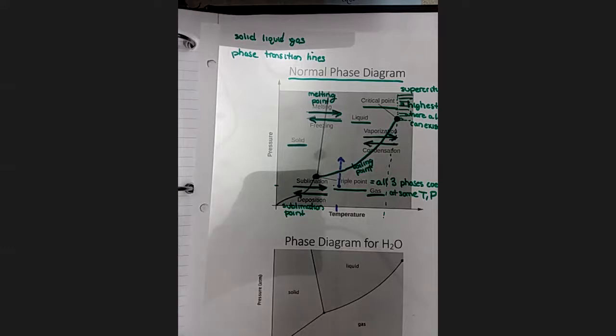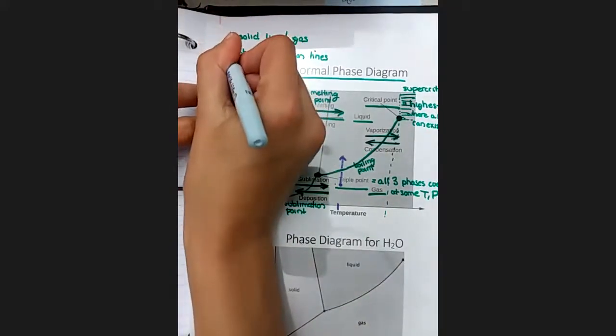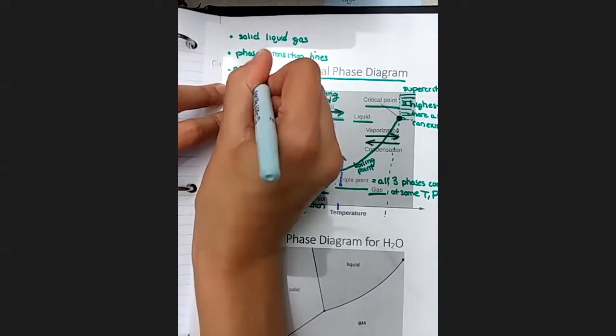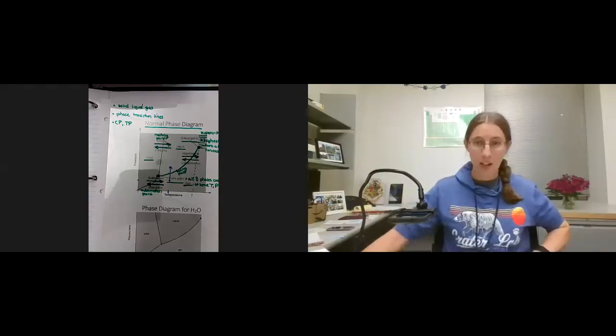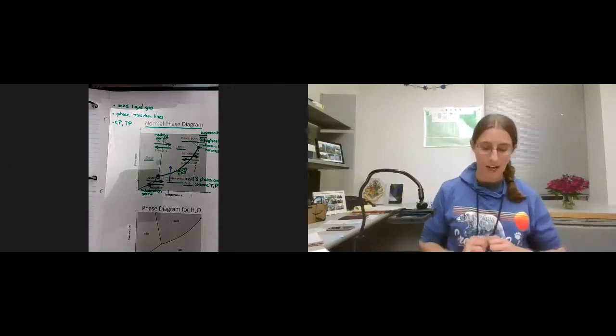So those are points you should be able to identify on our list here: phases, transitions, critical point, and triple point. You should be able to identify these if given any phase diagram for any compound, and with that information, you can use it to gain information.